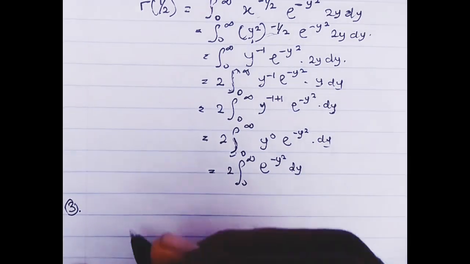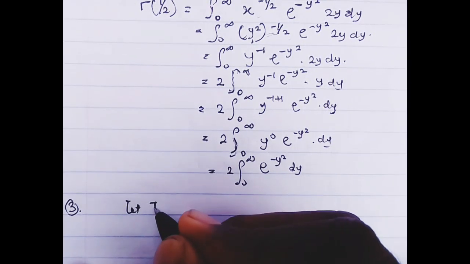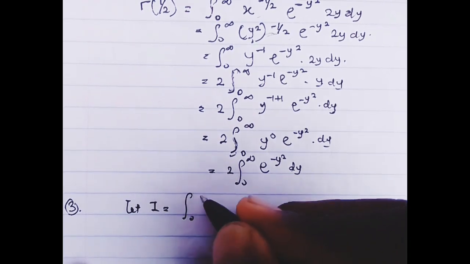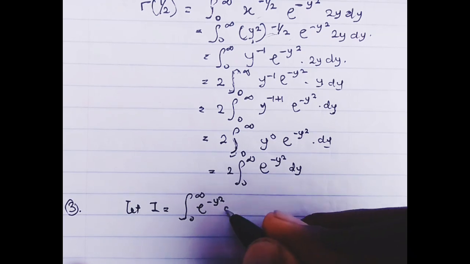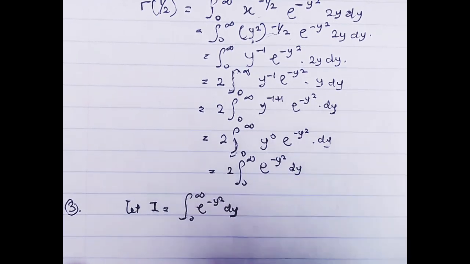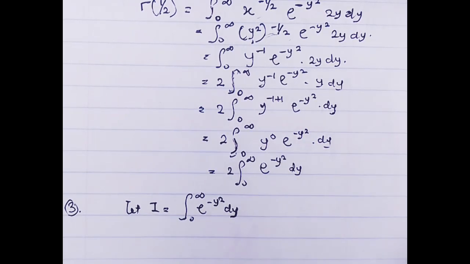Step 3 goes like this. Let I be equal to the integral from 0 to infinity of exponential minus y squared dy. Now I'm going to be assuming another variable, the horizontal component of a Cartesian coordinate.